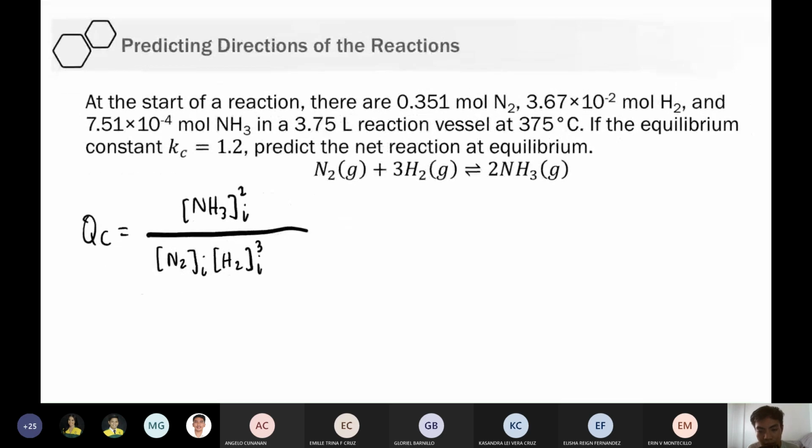Ano susunod mong gagawin? Dapat magpa-plug in ka na ng numbers, no? But the problem is we are given yung moles ng substance. Ano ba dapat yung ilalagay natin dito? Dapat ay concentration. Okay. So since concentration ang hanap natin, can we determine the concentration of our substances?